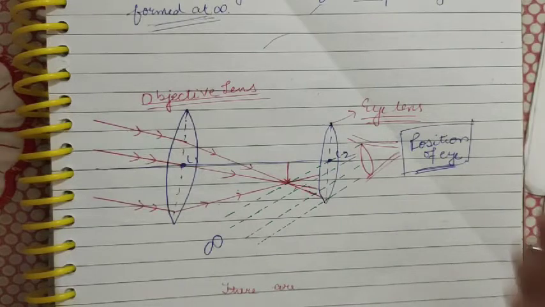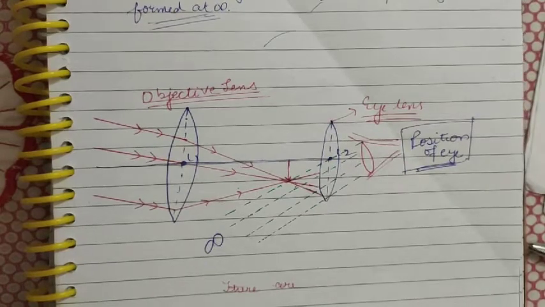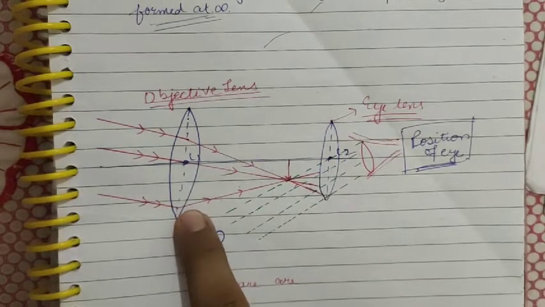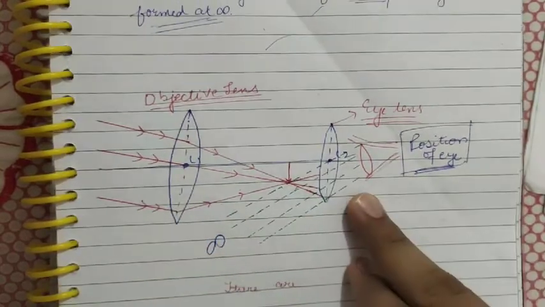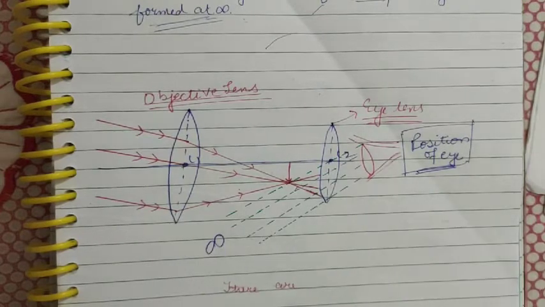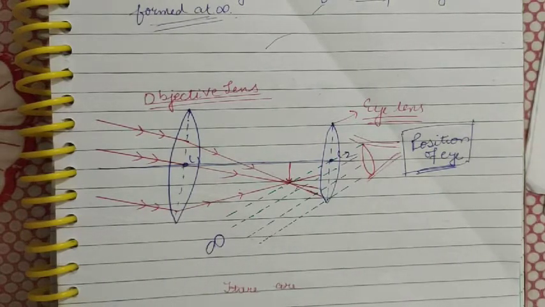In the compound microscope, the focal length of the objective lens is less than the focal length of the eye lens. But in the case of an astronomical telescope, the size of the objective lens is greater than the eye lens.